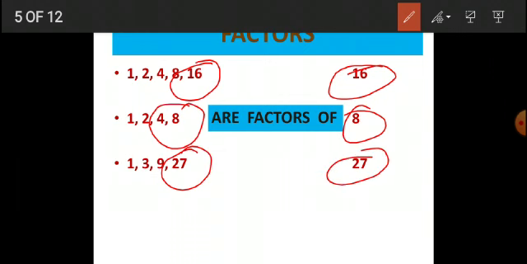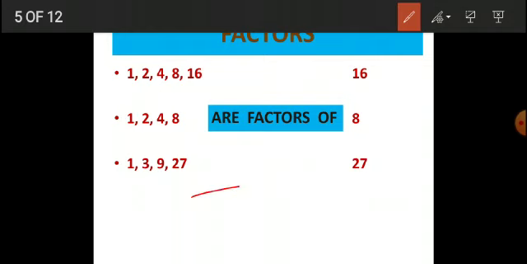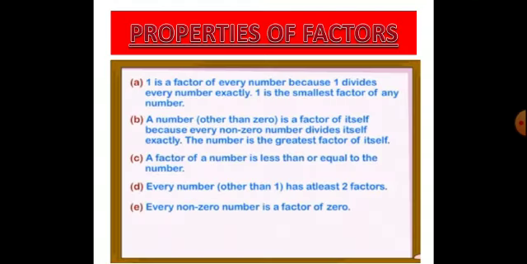So what you have seen here is a number other than 0 is a factor of itself because every non-zero number divides itself exactly. The number is the greatest factor of itself.